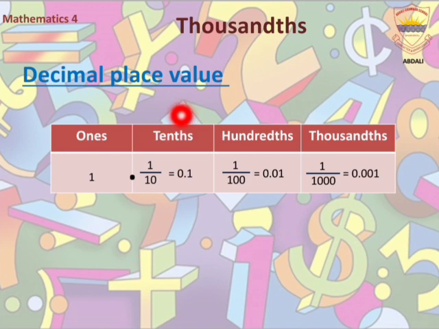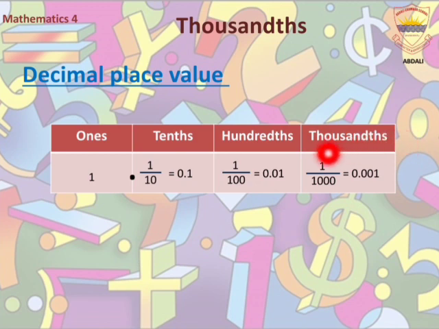We express tenths as the fraction 1 by 10, and we write it as the decimal 0.1. And we express hundredths as 1 by 100, and we write it as the decimal 0.01. In hundredths, we write 0 before the decimal point and 1 zero after the decimal point.